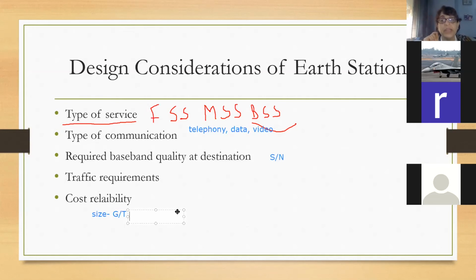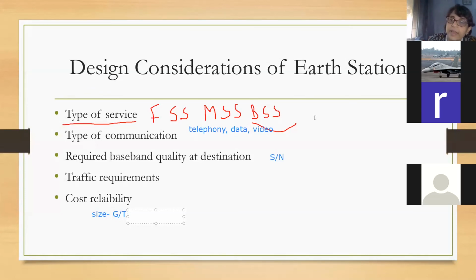It has to be highly directional so that the signal from an earth station reaches only the satellite with whom you want to communicate. Yes, the power of the transmitter is a very important consideration, as to how much power will be transmitted. So G, the gain, will tell us how much power is being transmitted. The reflector is nothing but the antenna. Very good. So these are very important considerations while designing.